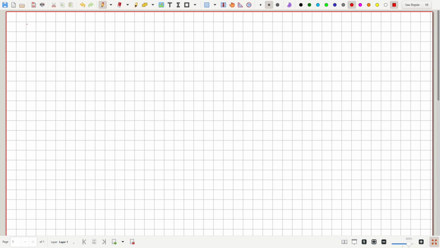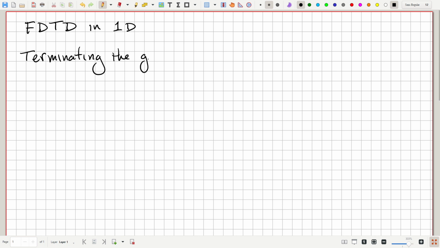Let's continue with our discussion of the finite difference time domain method in one dimension. And let's attack the problem of terminating the grid.